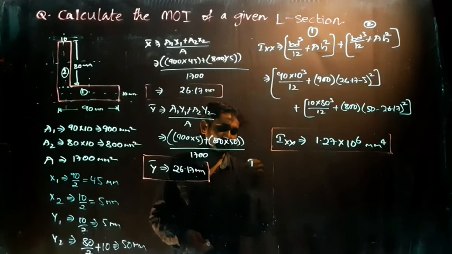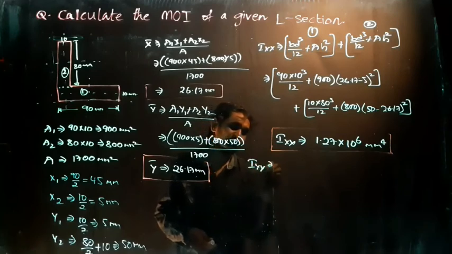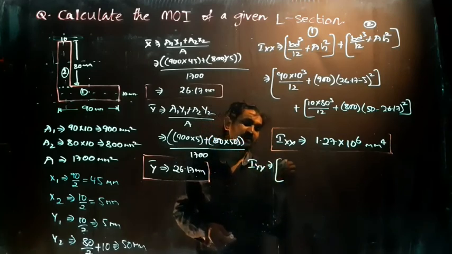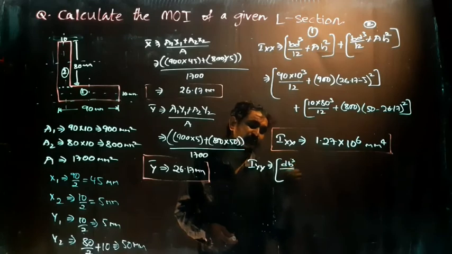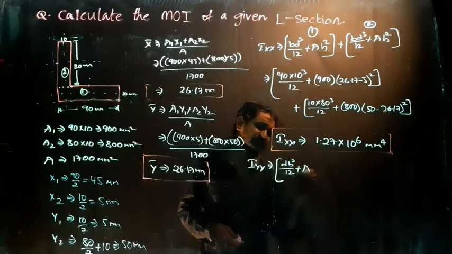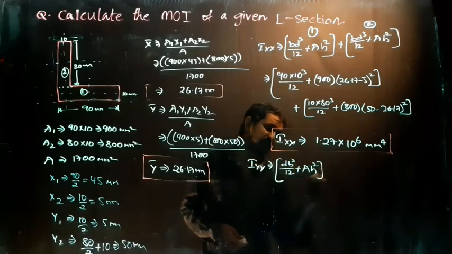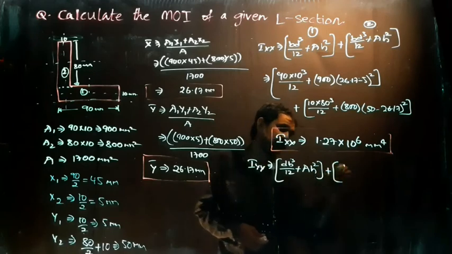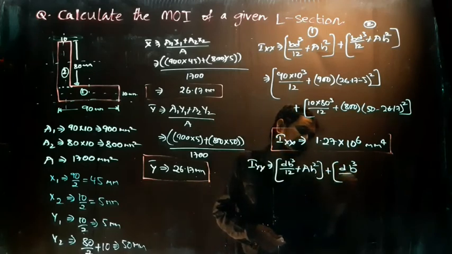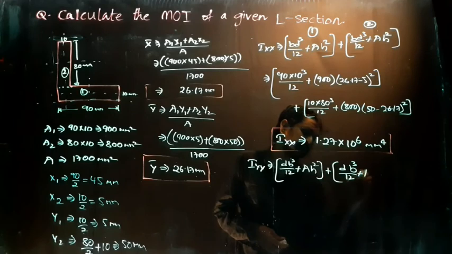See here I am writing Iyy equal to dB cube by 12 plus AH square, plus the same formula dB cube by 12 plus AH square.